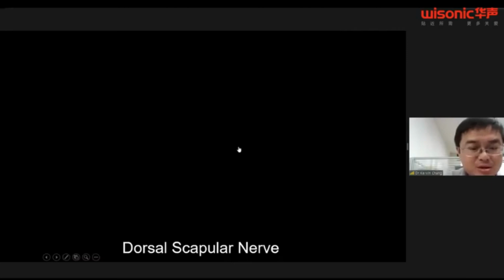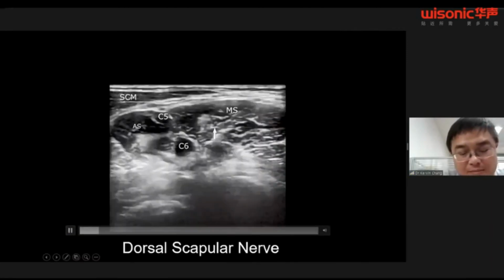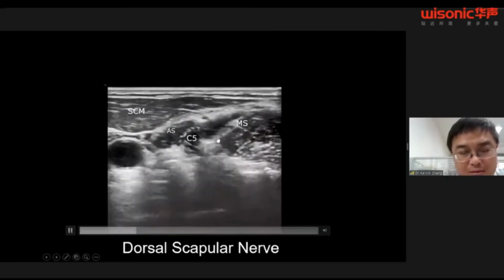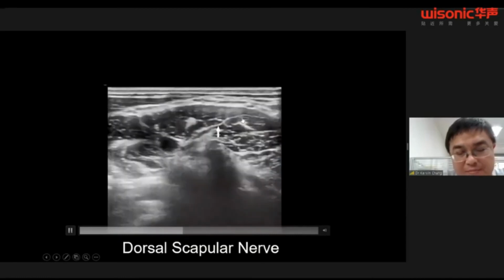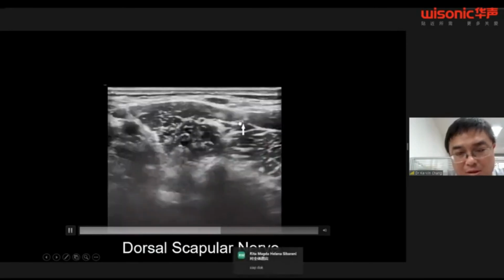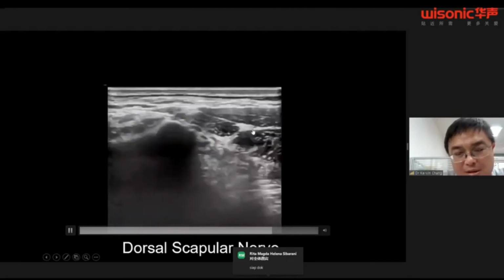And another nerve that you may encounter when you perform the injection of the cervical nerve root is the dorsal scapular nerve. And the location of the dorsal scapular nerve is cranial to the long thoracic nerve. So its location, you can see, we know the dorsal scapular nerve emerges from the C5 nerve root.